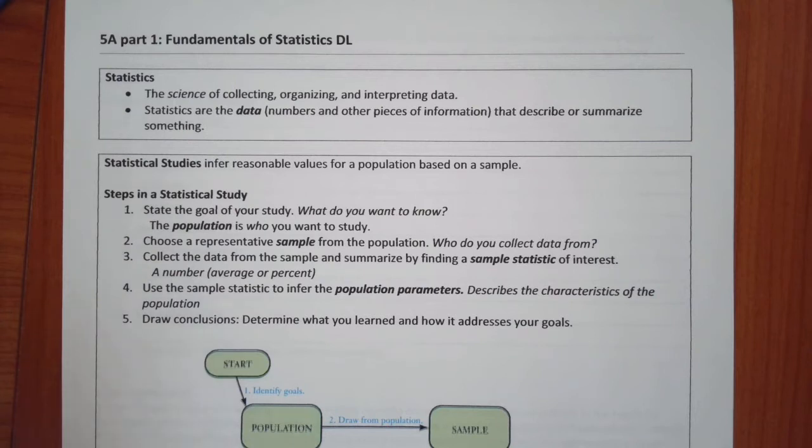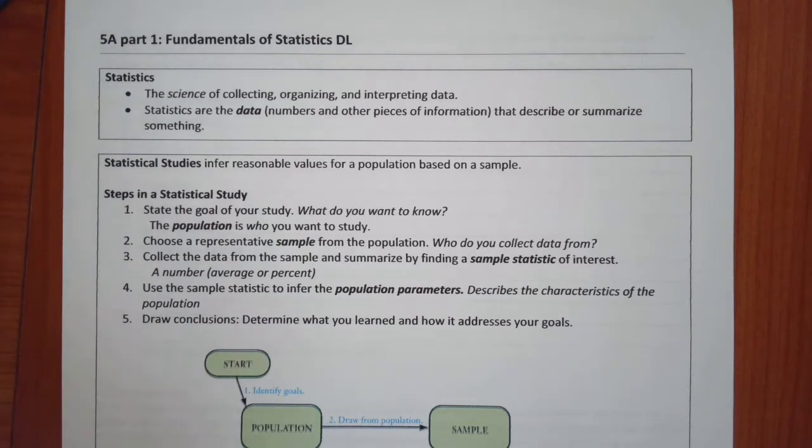The statistics themselves are the data, the numbers, the other pieces of information that describe or summarize something. So you're going to collect and organize data and then interpret that data. Okay. Statistical studies infer reasonable values on a population based on a sample.